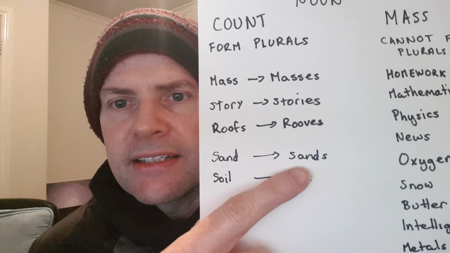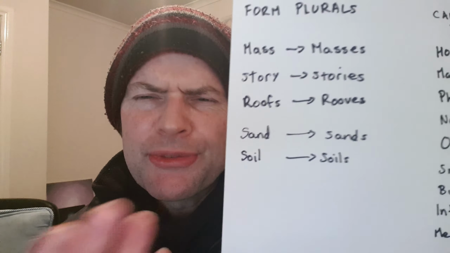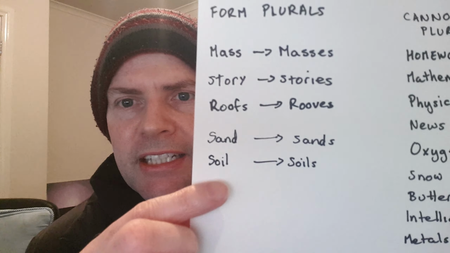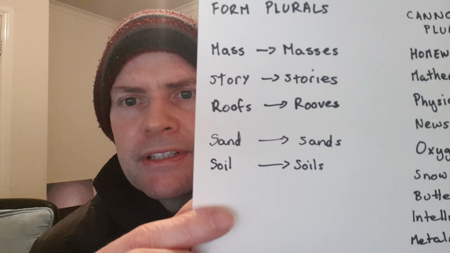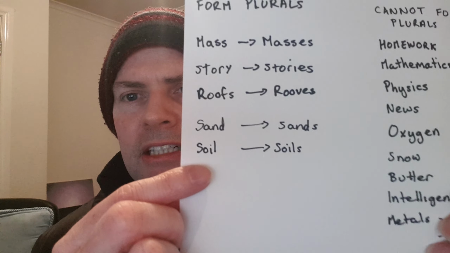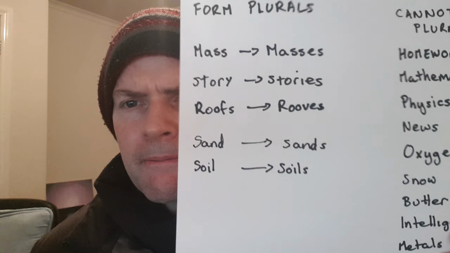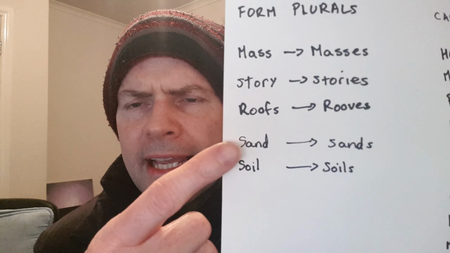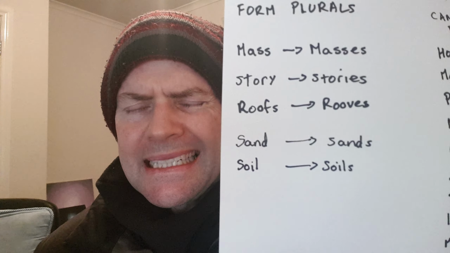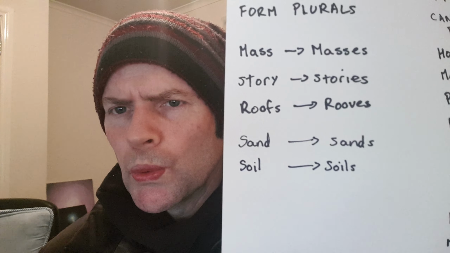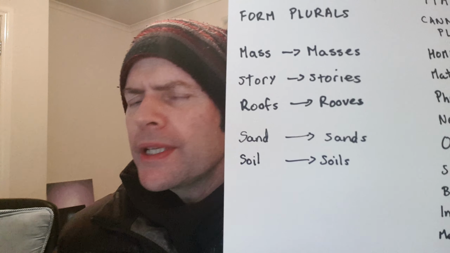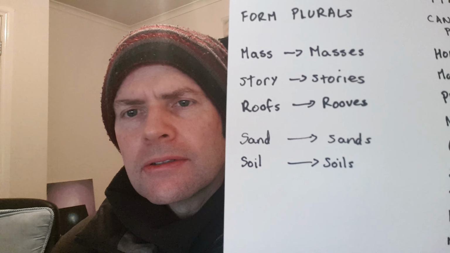Then we've got sand. Is that sand? Oh yeah, sands. I'm actually reading this backwards. Then we have soils. So sand and soil, when you're in your garden, what are you looking at?